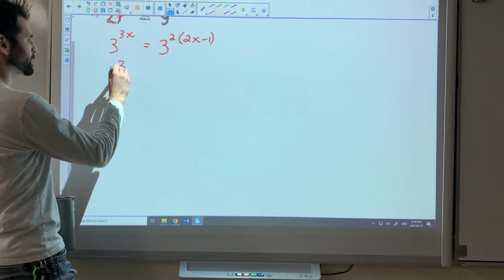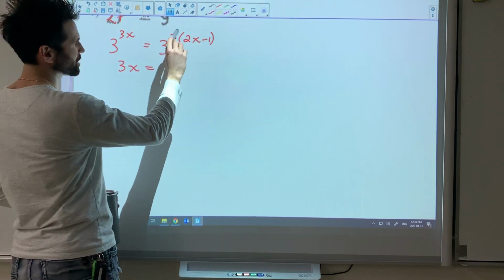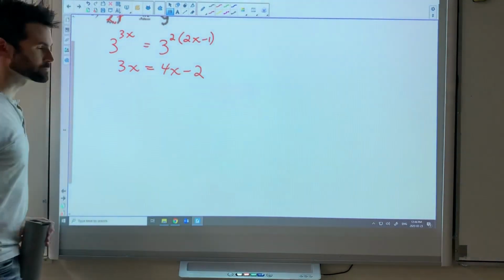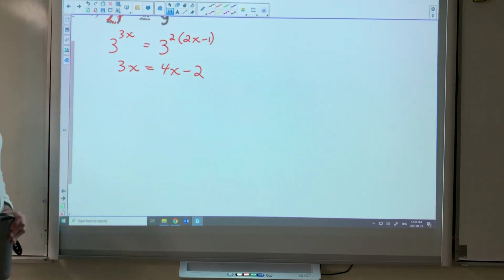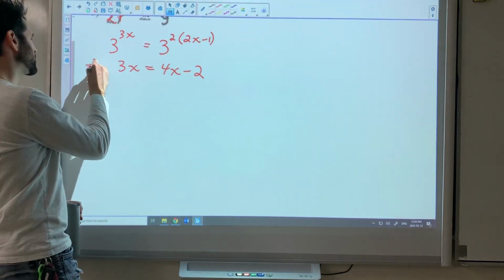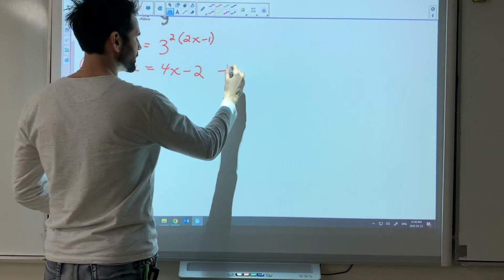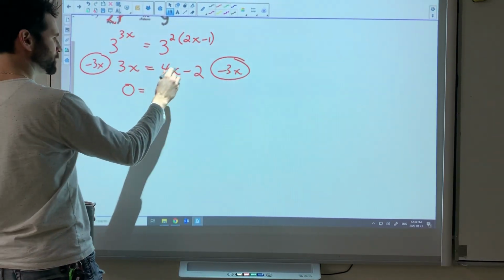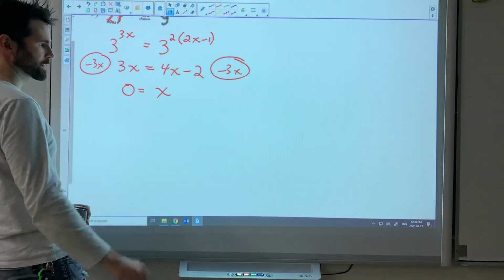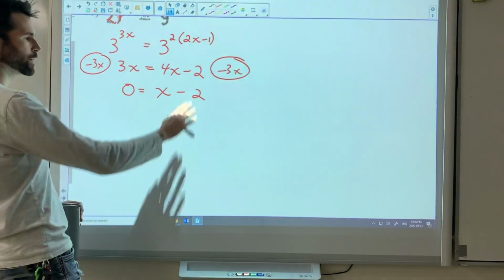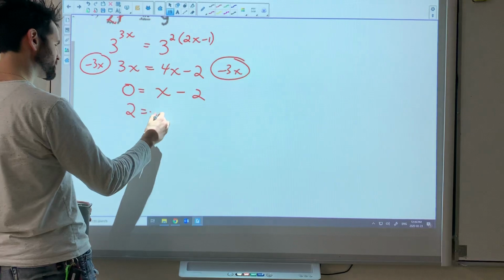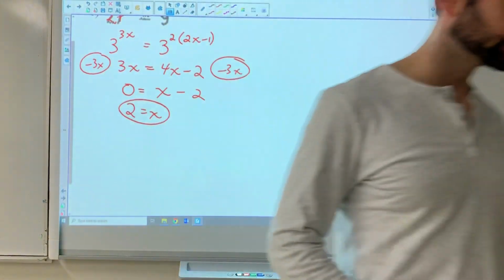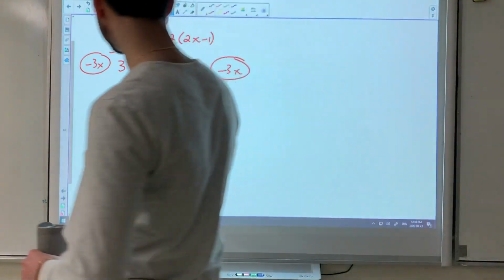So here we go, equate the exponents. I'm going to go ahead and distribute that into the brackets. So I get 4x minus 2. Now I'm going to subtract 3x from both sides. Maybe I'll go a touch slower on this one. So that would leave me with 0 on that side. 4x minus 3x is x. Still have the subtract 2. Add 2 to both sides. And you get that x is 2. Wonderful. Well, now we have a whole new level coming up.